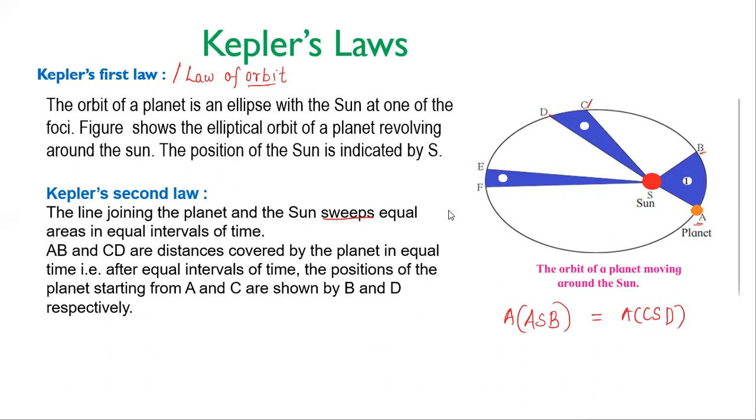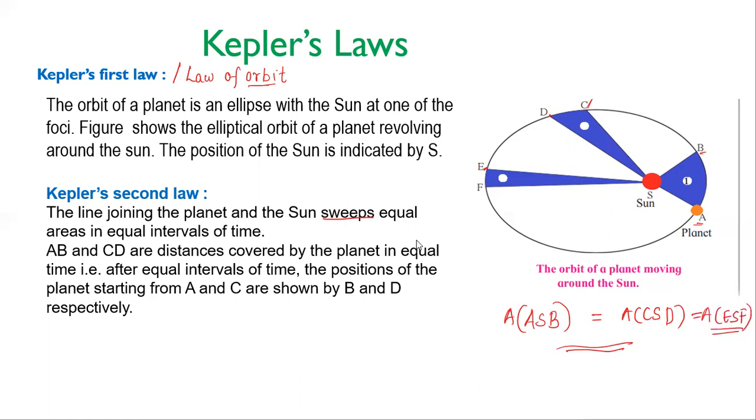That is, the line joining the planet and the sun sweeps, that is, covers equal areas in equal intervals of time. If you take another pair of points, E and F, the position of the planet is at E. After 24 hours, it reaches the position F. Again, we calculate the area ESF.